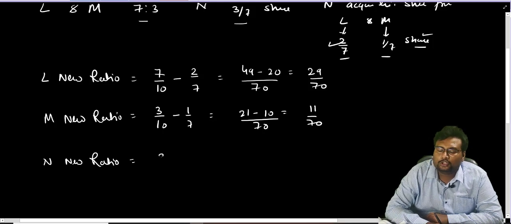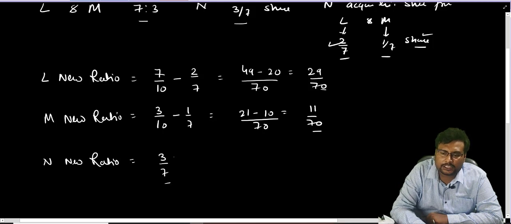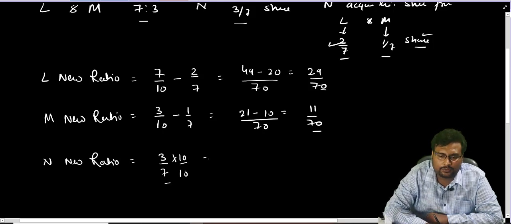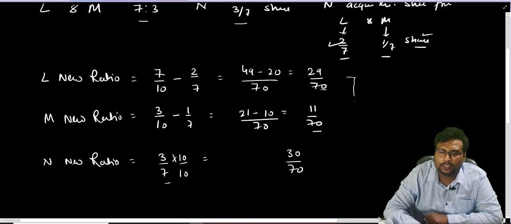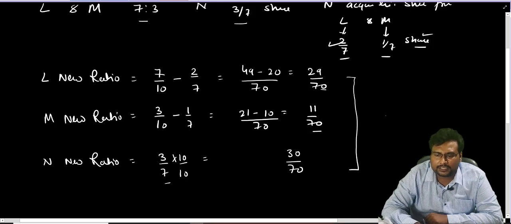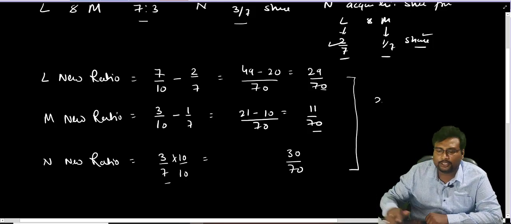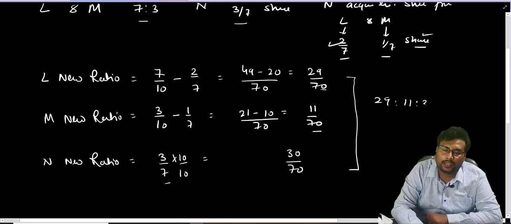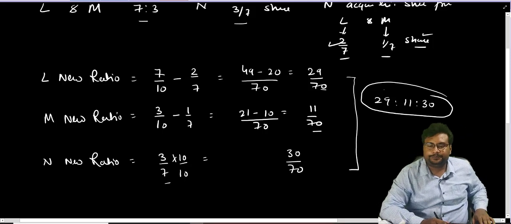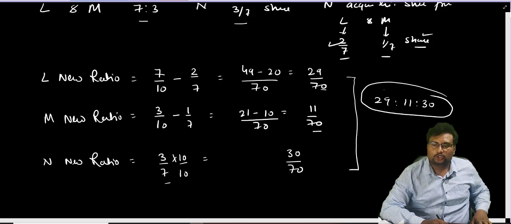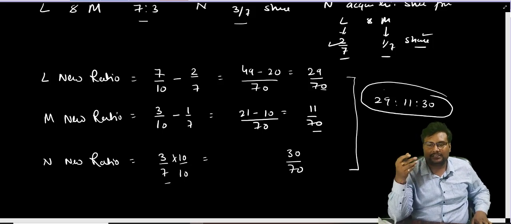N's share is 3/7. Please make the base equal to 70, multiplying by 10/10. So 10 times 3 is 30/70. Now you can see the base is equal for each and every one, and the ratio is 29:11:30. So in this way we can solve case number 3.